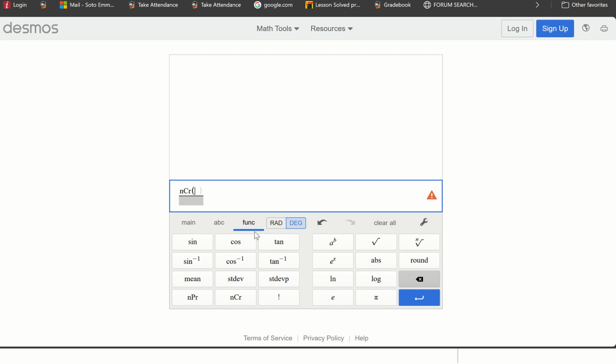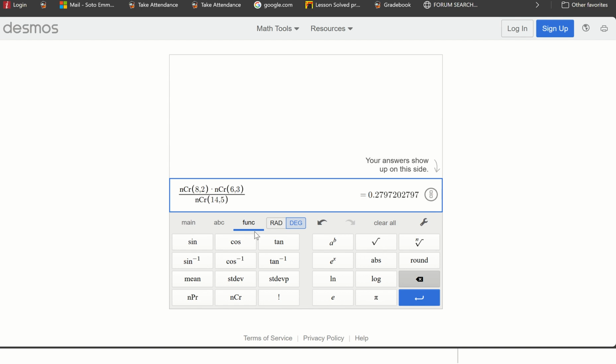So we got the combination of 8 women chosen 2 at a time, times the combination, nCr again, 6 men chosen 3 at a time. And then on the bottom, another combination, 14 chosen 5 at a time.